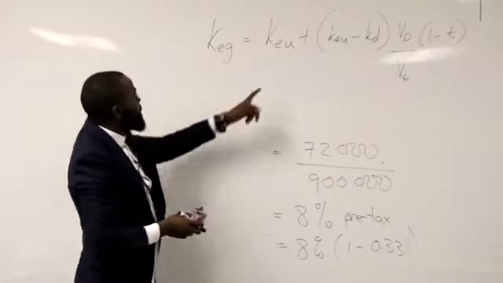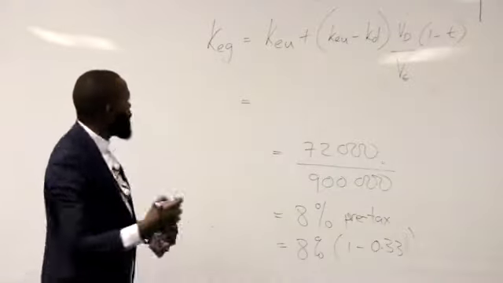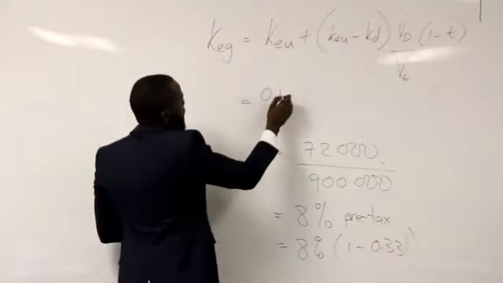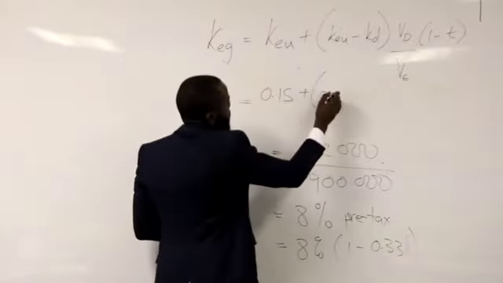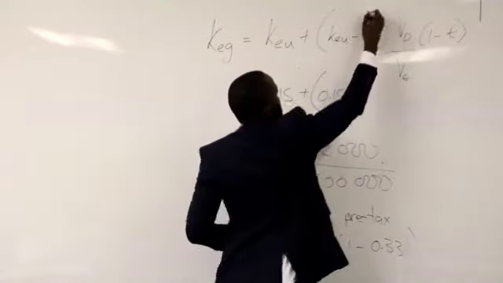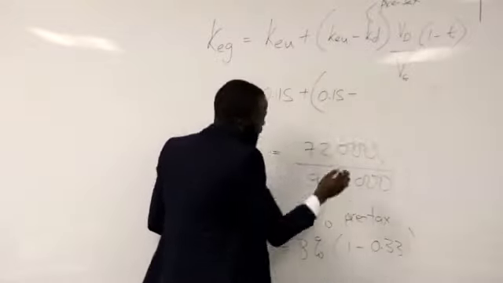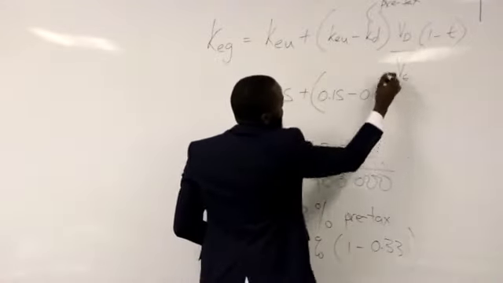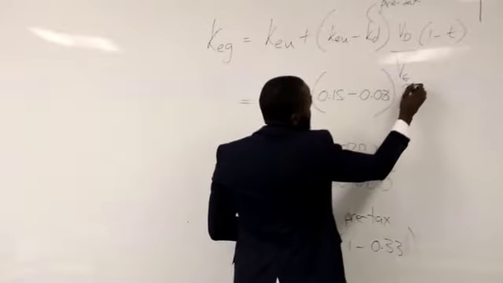The cost of equity in an ungeared company we already calculated in part B, for X company. It was 15%, 0.15. So plus, take 0.15 minus cost of debt. We needed the pre-tax cost of debt, as I explained on the slide, which is 0.08.